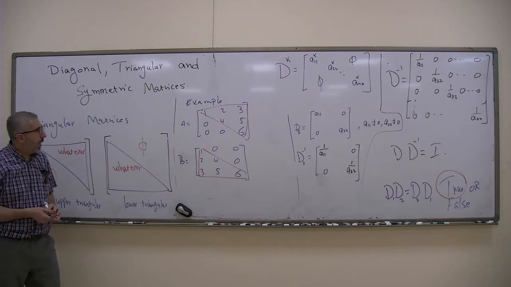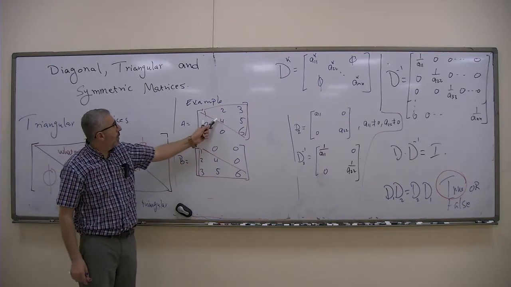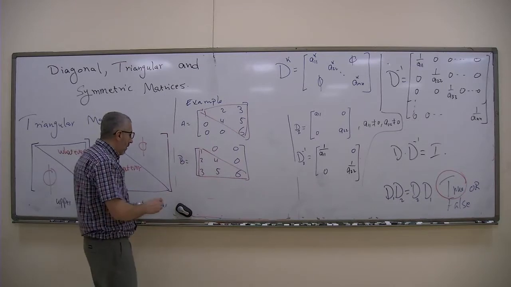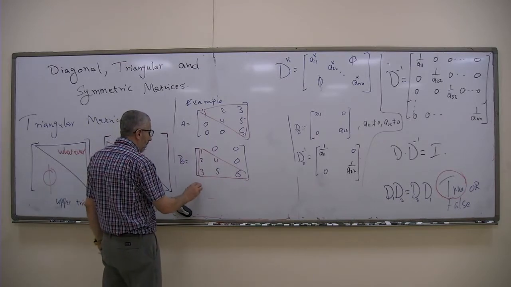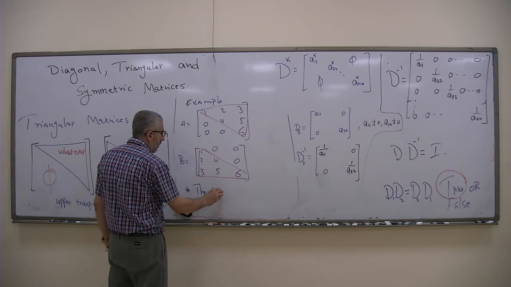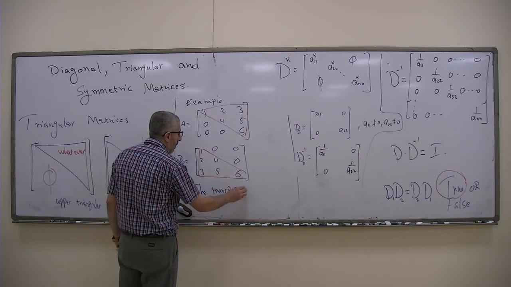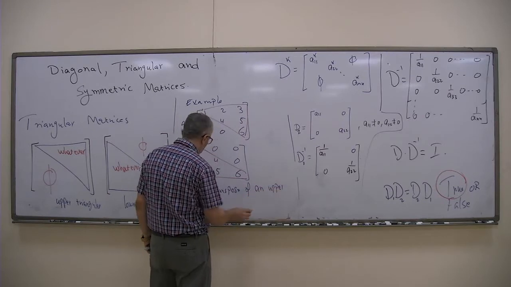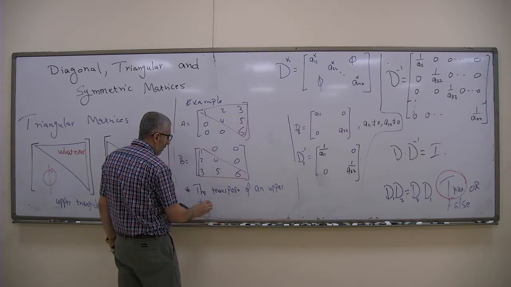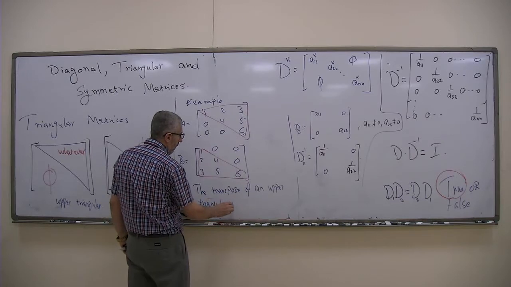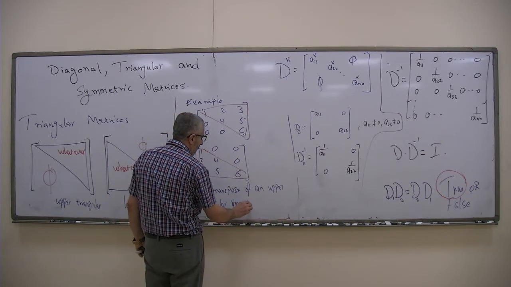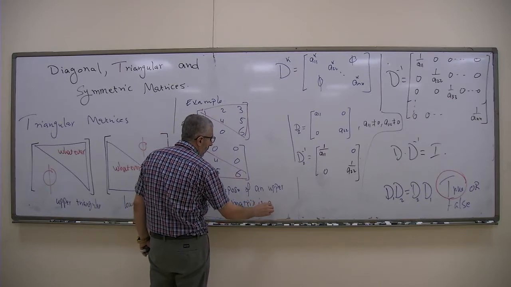You can observe that the transpose of an upper triangular matrix is a lower triangular.